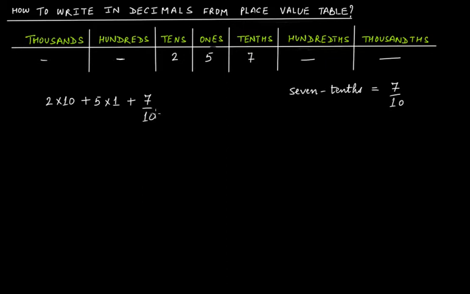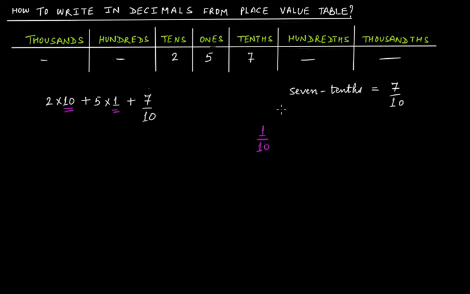Now you may ask, the way we wrote here, like 2 times 10 and 5 times 1, can't we write it using some multiplication factor? Yes, of course you can. If you want to write it in the form of a multiplication factor, as for tens it was 10, for ones it was 1, for tenths it will be 1 over 10.